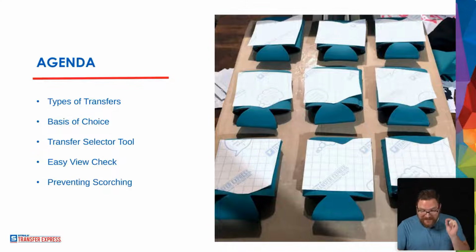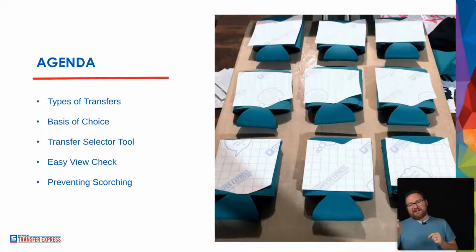The agenda today is action-packed, as I said before. We're going to be talking about the different types of transfers. We're going to be talking about why you're going to choose which transfer you're going to choose. We're going to talk about some tools that are going to make it really easy. In case you don't have a nice little reference chart, we're going to get into something like this, our little chart in just a little bit. And I'm going to encourage you to screenshot that.